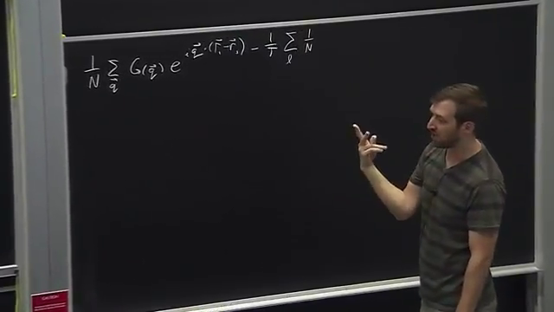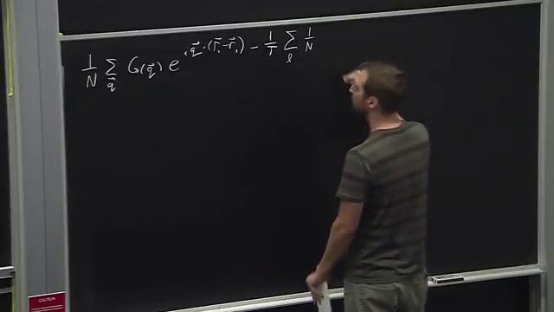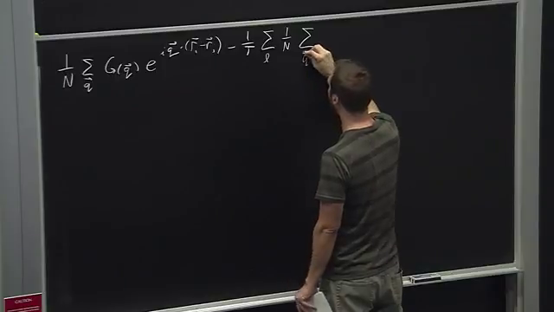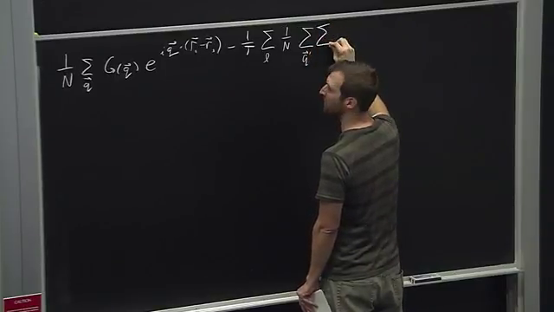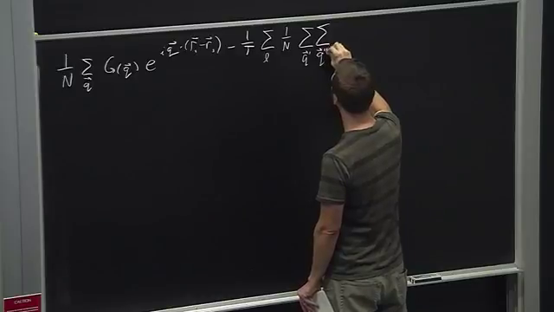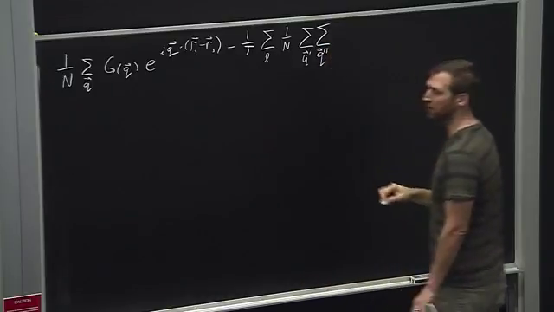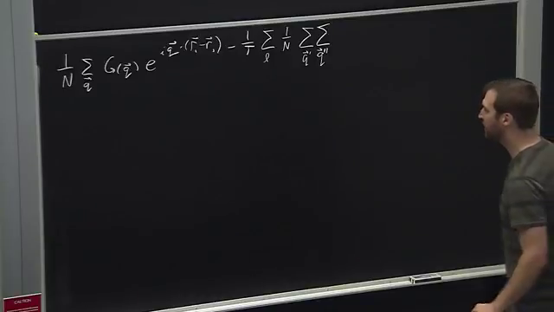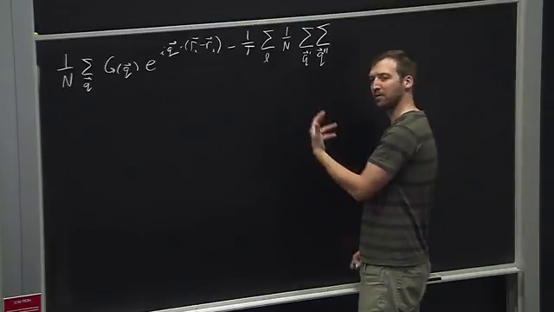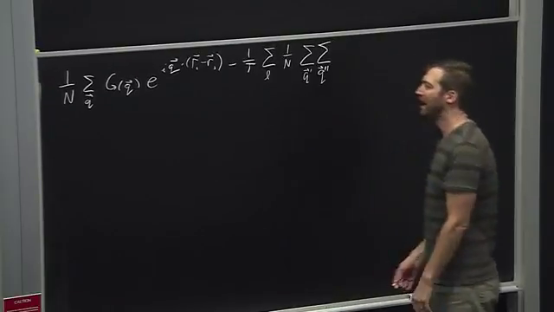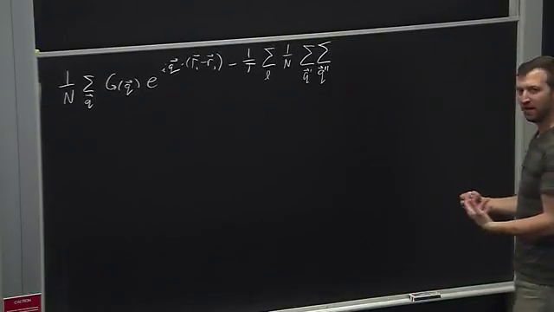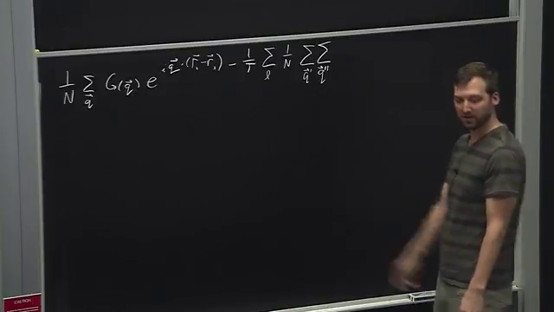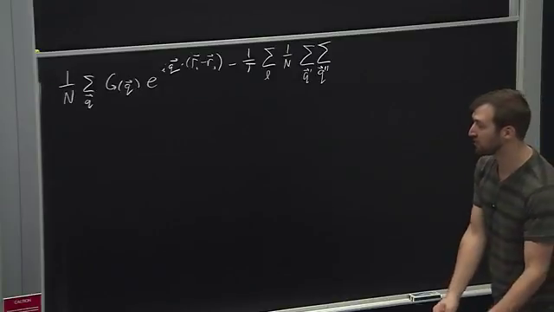So I have two objects, J and G. I need the Fourier transform of both of them. So I need two momenta. Let me label them with different labels just to be safe. So I'll do Q prime and Q double prime. And we'll see how many of these unique labels matter. When in doubt, give everything a unique label when you're doing Fourier transforms, and then look how things shake out at the end. Because if you make a wrong assumption that two of these momenta are equal, then you'll basically screw up.